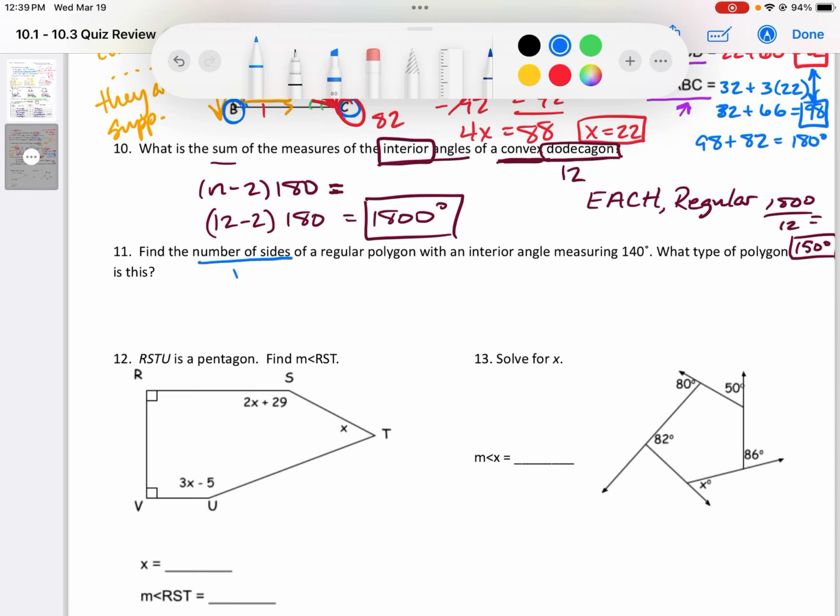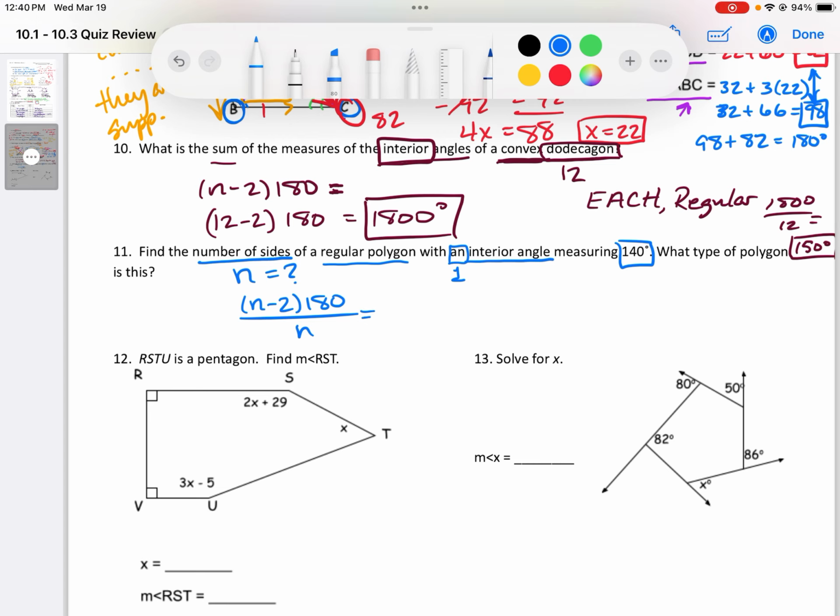All right. This next question says, find the number of sides. So I'm looking for n. I have a regular polygon, and that just means one interior angle is 140. So to set this up, I'm going to be using my individual angle formula. N minus 2 times 180 over n.